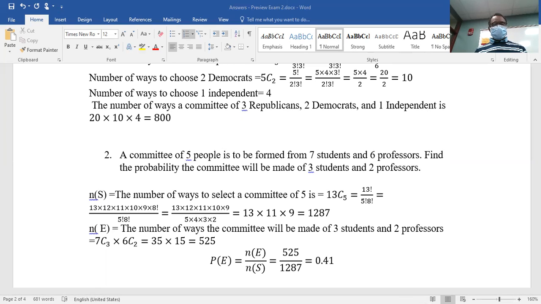This one is not very good. I usually use this one, the Web 2.0 calculator. So what did we want to do? 13 combination 5. So let me see.